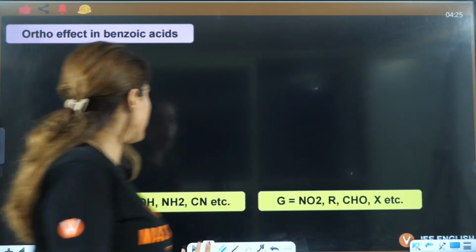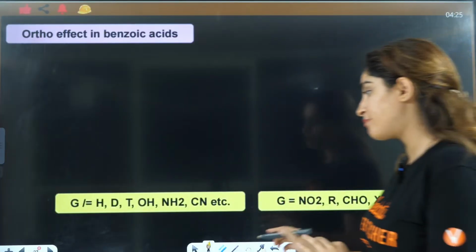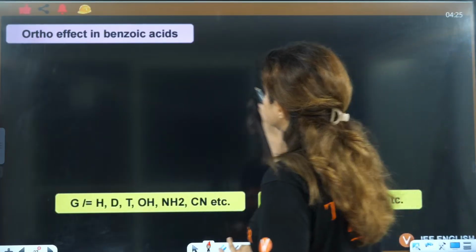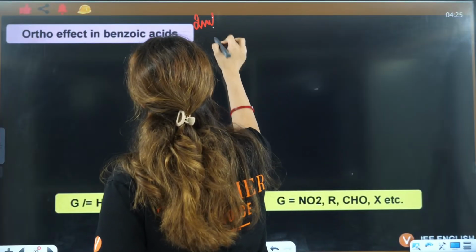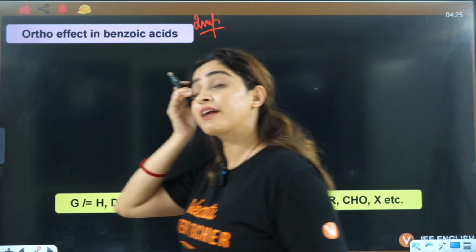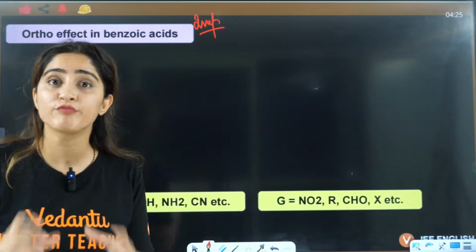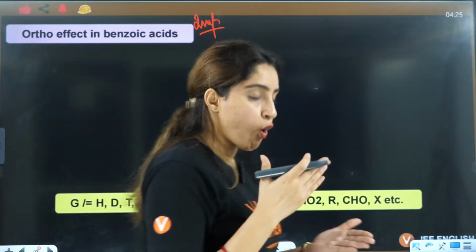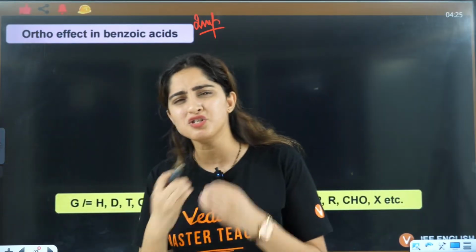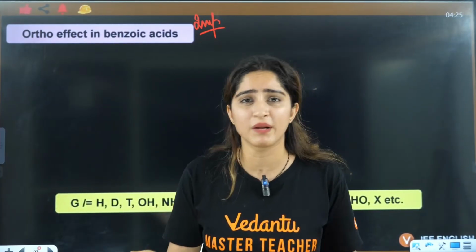Now let's talk about ortho, and this is a very important part of today's lecture, that is the ortho effect. Mark it as very important, right? If the ortho effect is not clear to you, then you will make a lot of mistakes. But if the ortho effect is clear to you, trust me, acidic strength will be a very simple game for you.